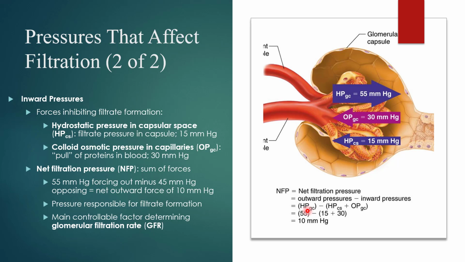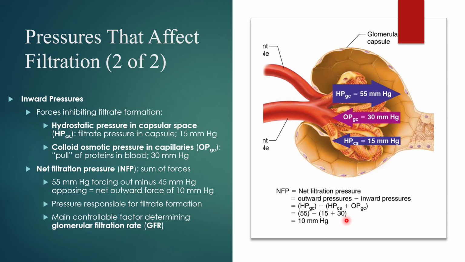Your hydrostatic pressure, which is 55, and the capsular pressure, or the pressure in the capsule itself, which is about 15, and the osmotic pressure, you add them too because they're the inward forces that are preventing the outward force from fully forming the filtrate.